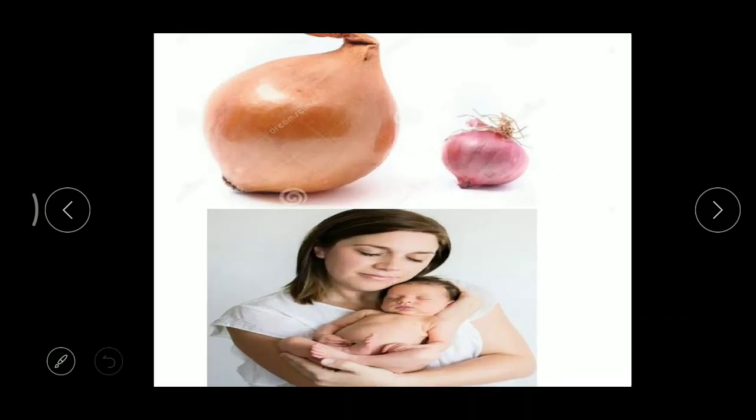Now, just observe these two pictures. Here we can find onions. Can you see that both the onions are the same, but this onion is bigger and this onion is smaller? If you carefully observe these two onions, in the bigger onion the cells are big in size, and in the small onion the cells are small in size.